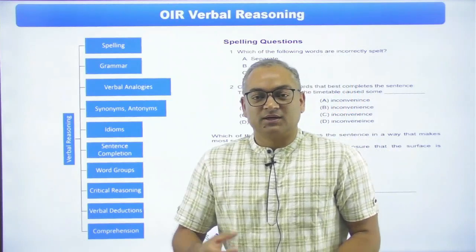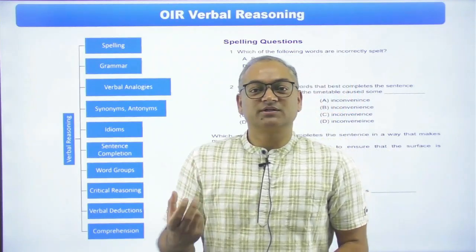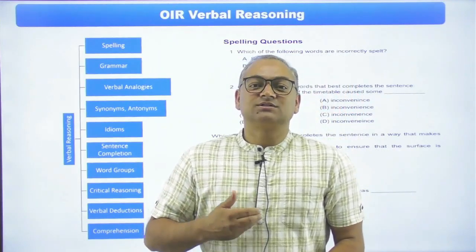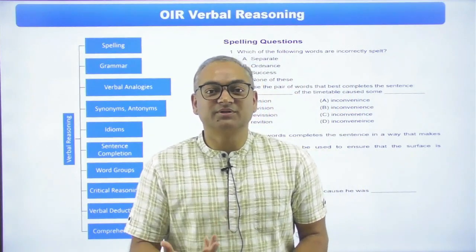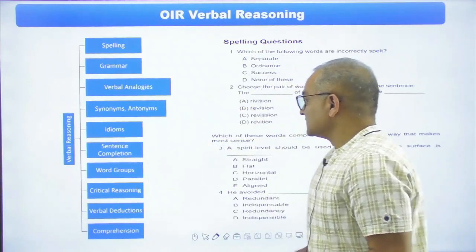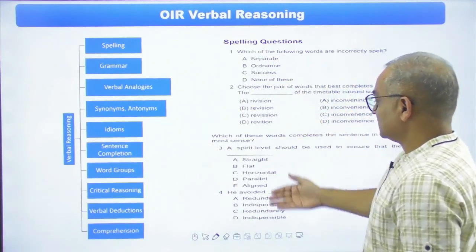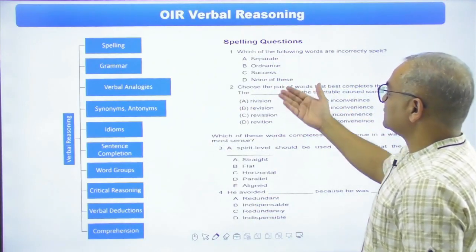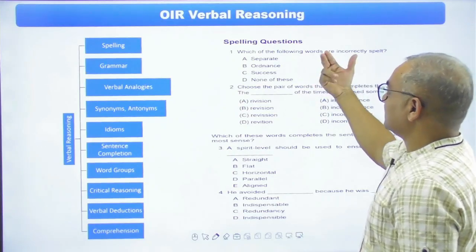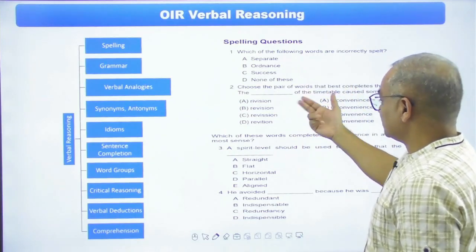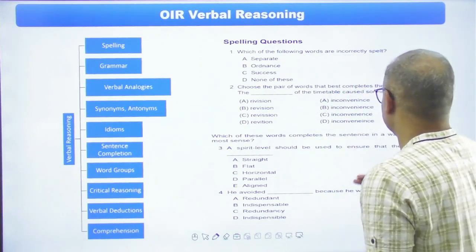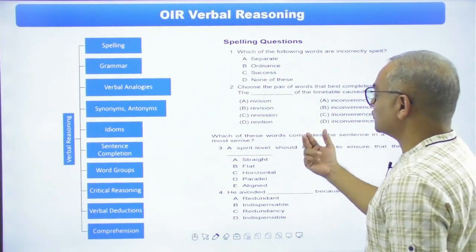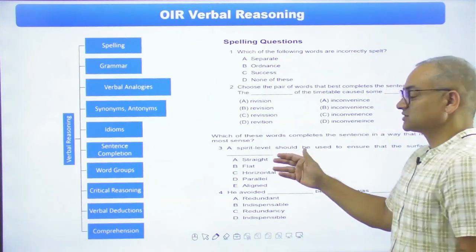Sometimes you could be given a small comprehension passage, and you have to attempt questions based on that. Just as a sample, I am showing you a few questions. These are spelling based questions: which is the right word in this, and the same for this. And then which word completes the sentence in a way that makes the most sense, or how this sentence will be completed.